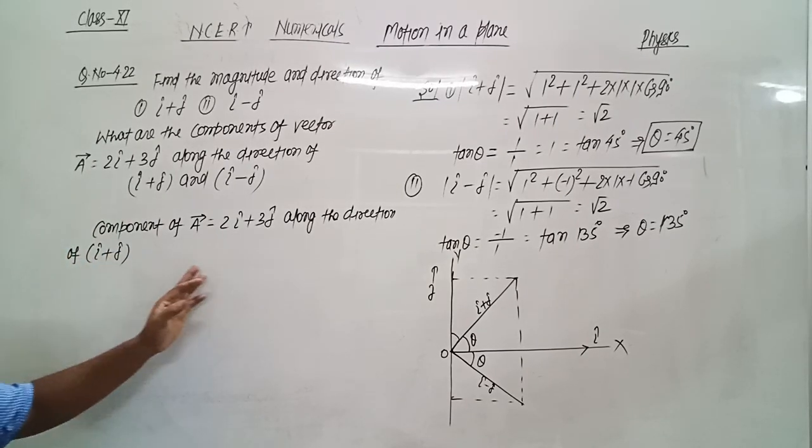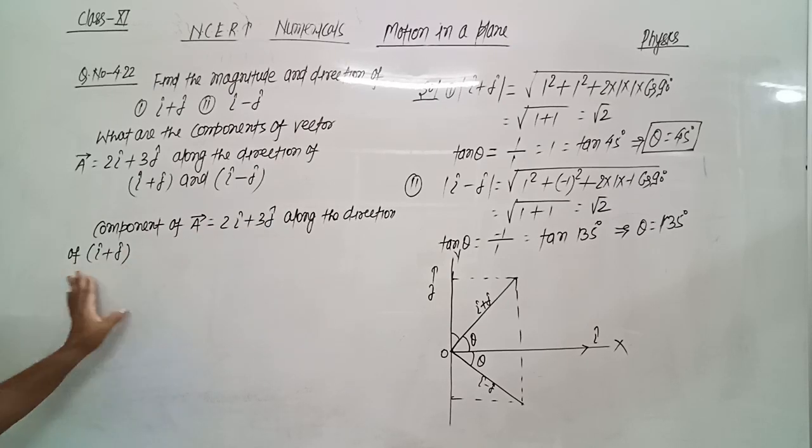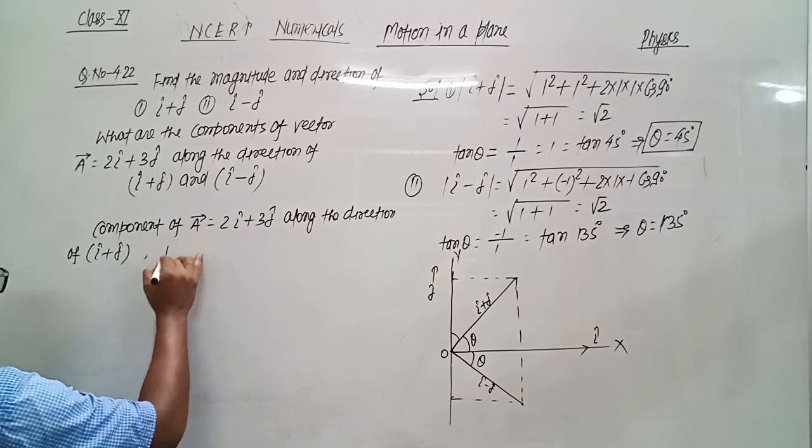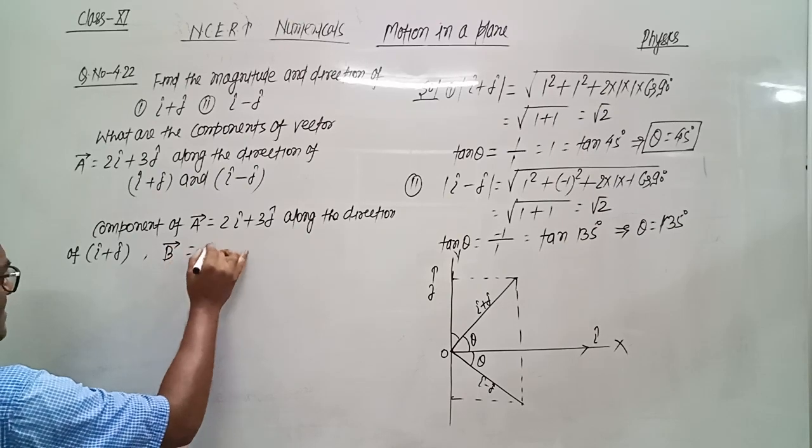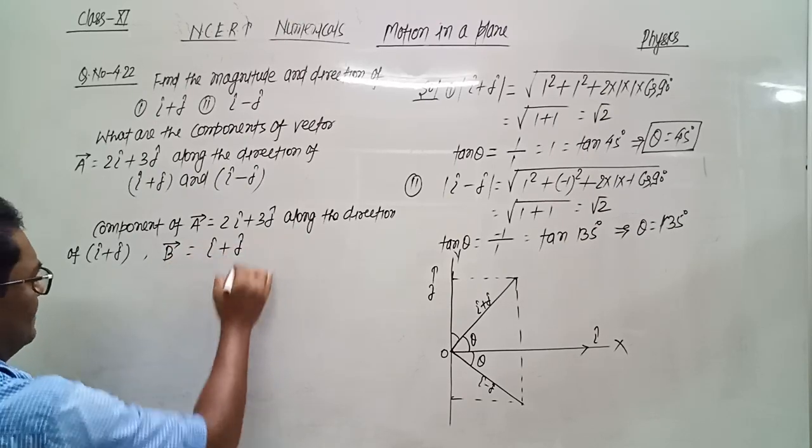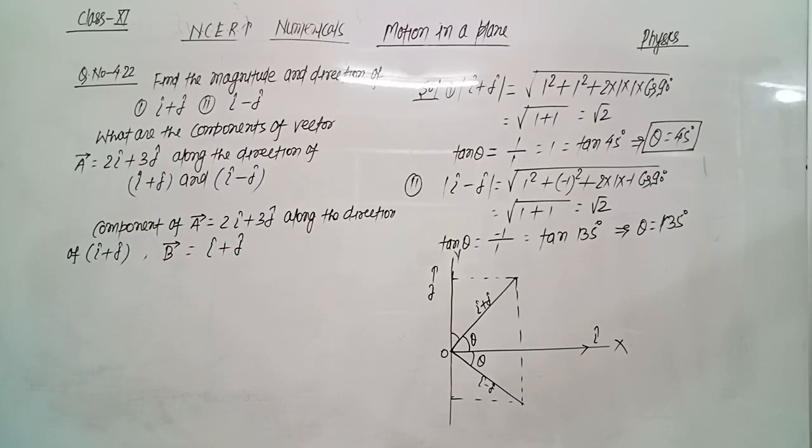For finding the component of A along the direction of i cap plus j cap, we assume that vector B equals i cap plus j cap.